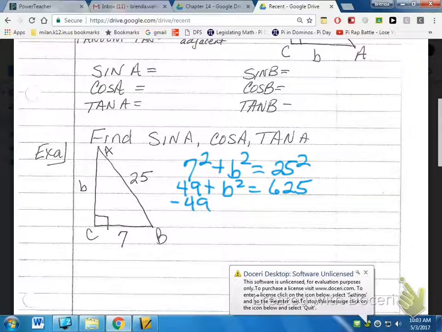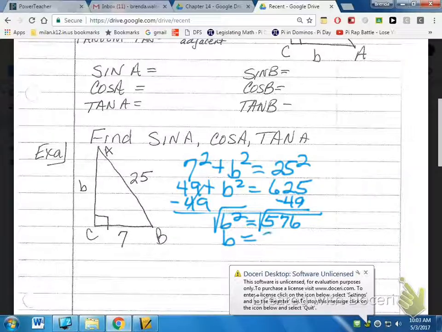Subtract 49 from each side. And B squared equals 576. And you square root both. And I do believe the square root of 576 is 24. Yeah. Okay, good. 24. All right. So now we're good to go.